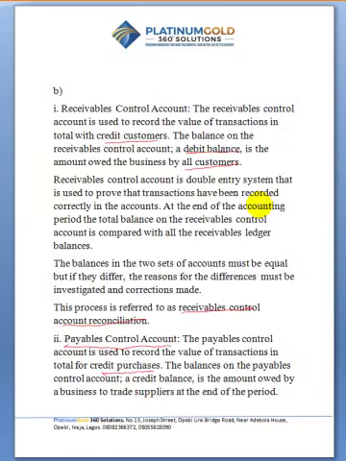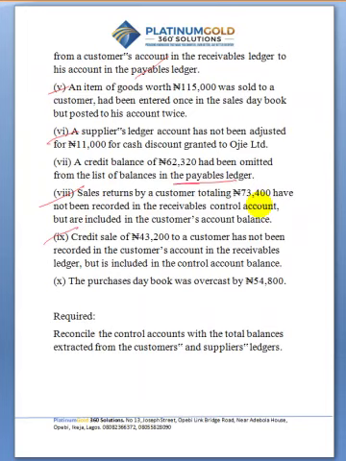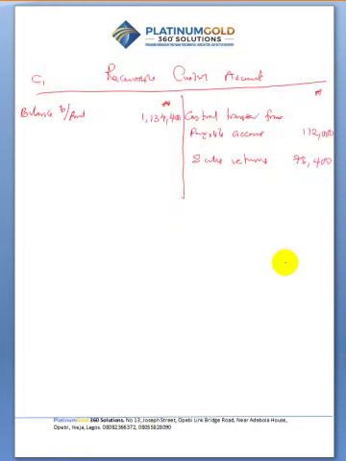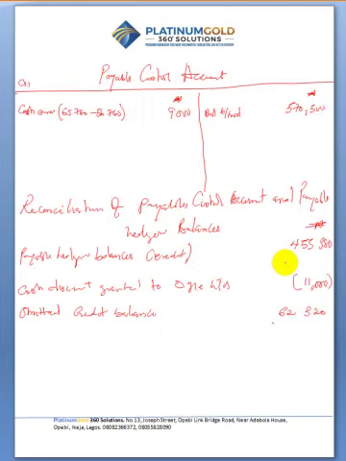The last entry, 10. Purchases daybook was overcast by 54,800. So we have to reduce it, so it hits the payable control account.